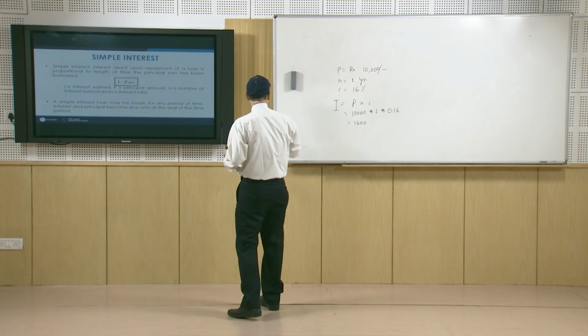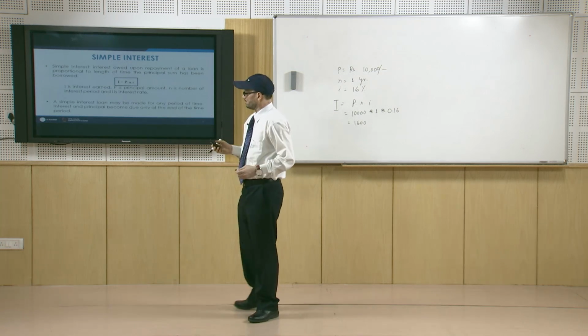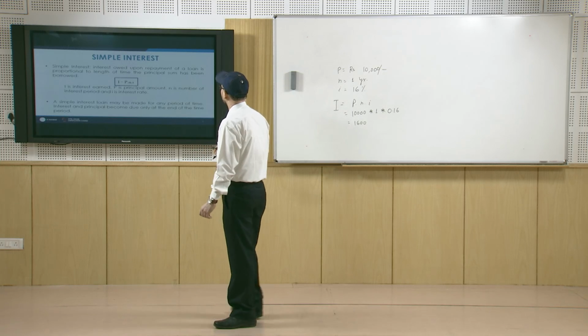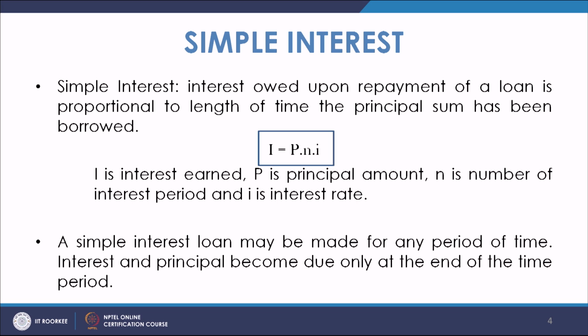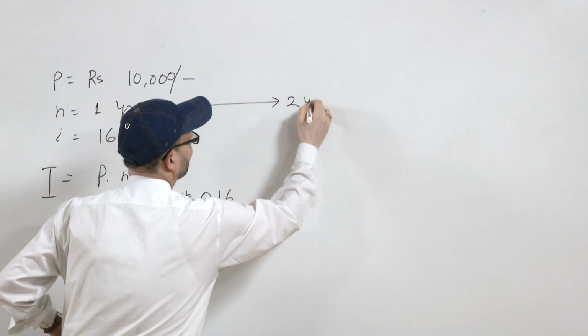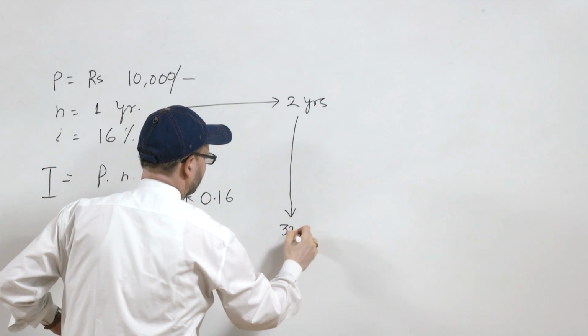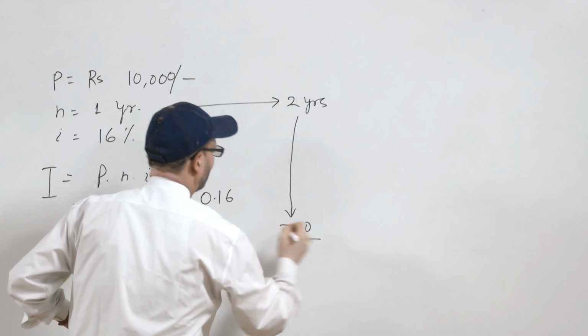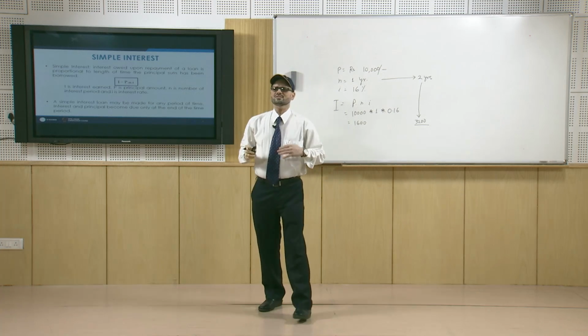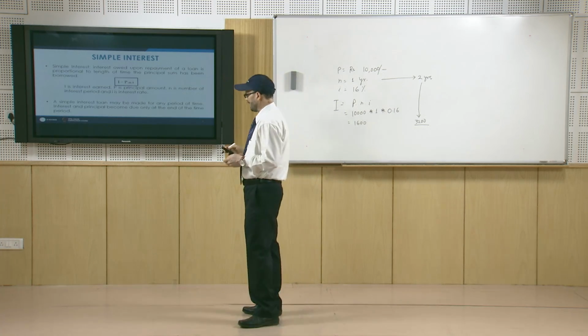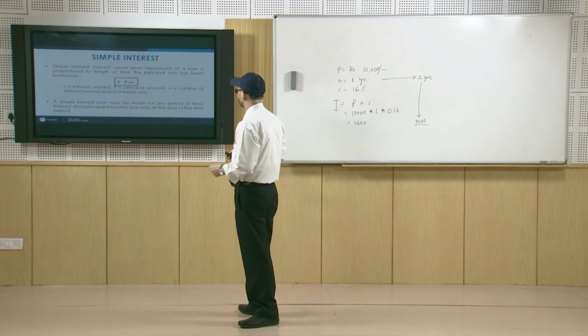Now, the N term indicates that as the length of time increases, this interest amount will go on increasing. If N becomes 2 years, this amount comes out to be 3200. So this way the simple interest amount will vary as the time is increased.